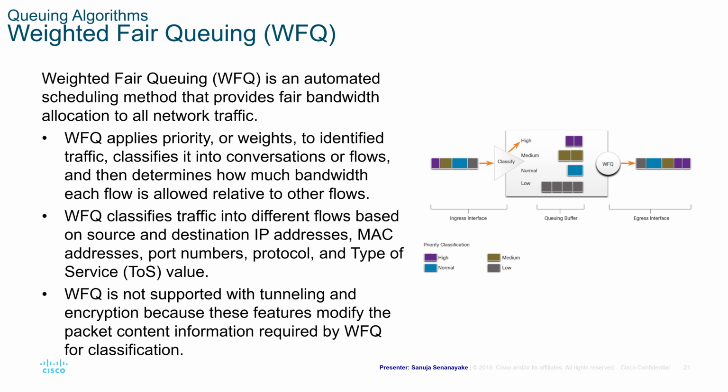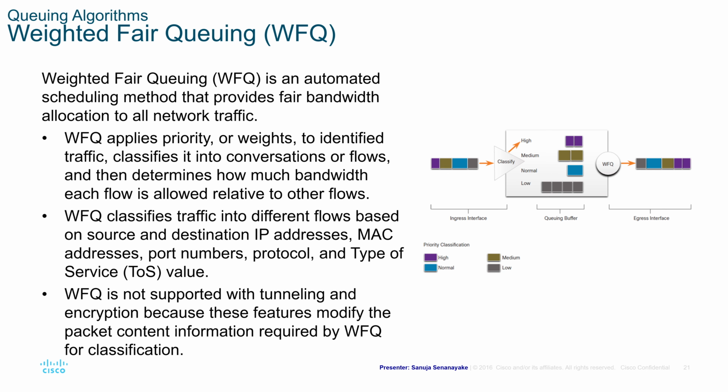So the packets coming in are weighted and identified, those classifications are put into conversations or flows, and that is used to determine how much bandwidth each flow will be allowed to use relative to each other.